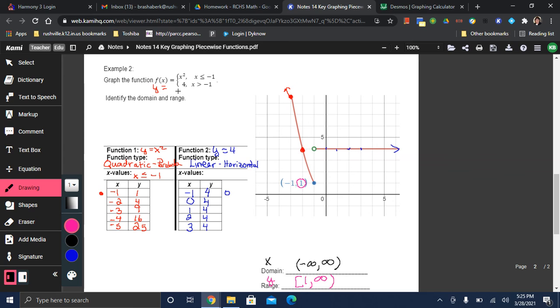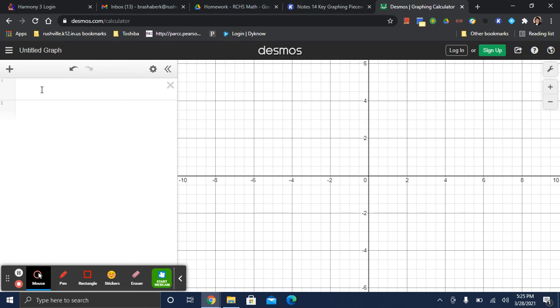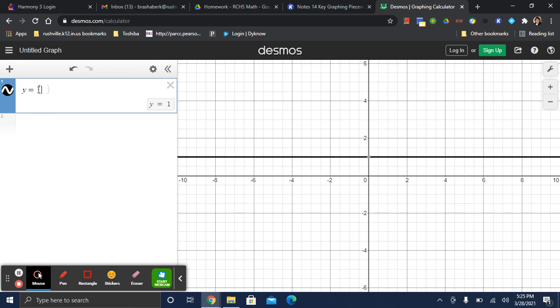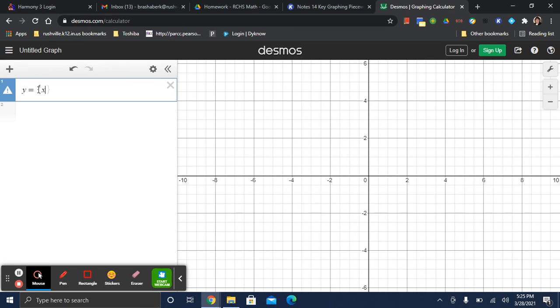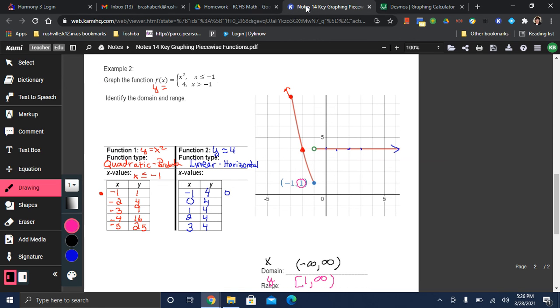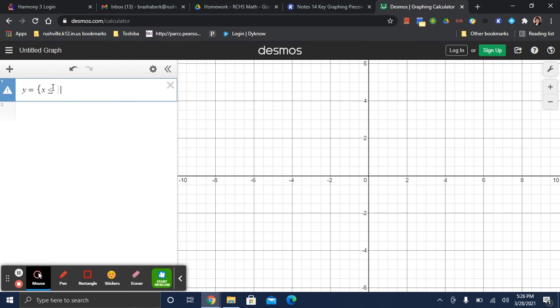So for the second one, we start off with x is less than or equal to -1. So again, I type y equals the braces, and then x is, remember that to do less than or equal to, I have to hit the less than button, then the equals, and it will put the less than or equal to sign. It was x is less than or equal to -1, then a colon, and my graph was x squared.